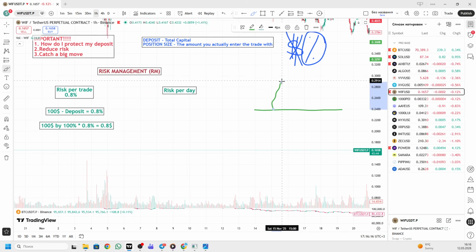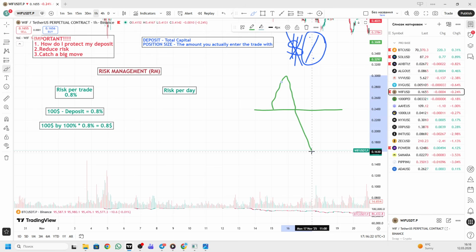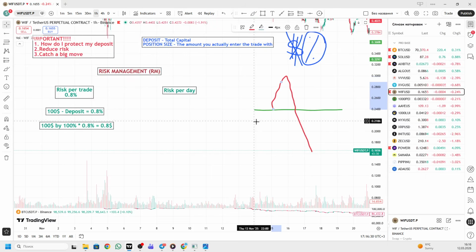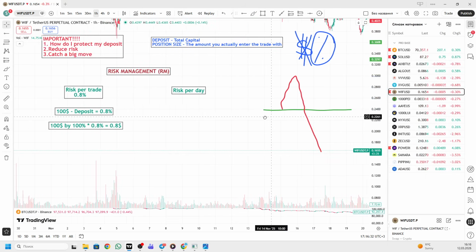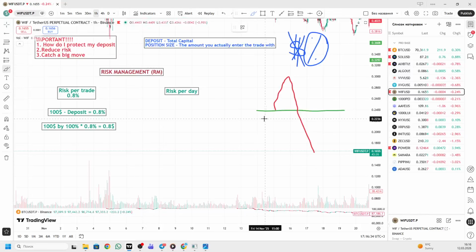We have some price going up here, then going down there, then it starts going down. Let's do everything beautiful. Okay, like this. You put your stop loss somewhere here.